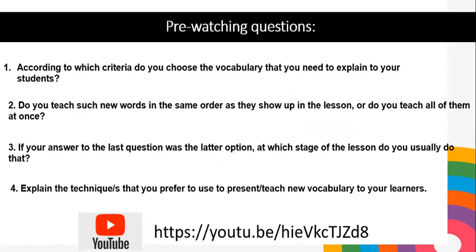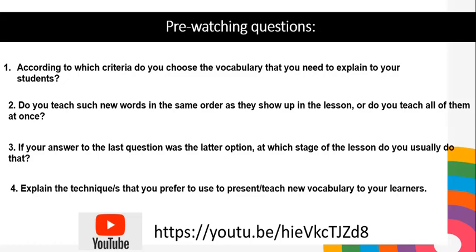Here are the pre-watching questions. I want you to think about these four questions and prepare some answers for them. Number one, according to which criteria do you choose the vocabulary that you need to explain to your students? When I'm teaching a primary stage level, is it the same as when I teach a secondary stage?